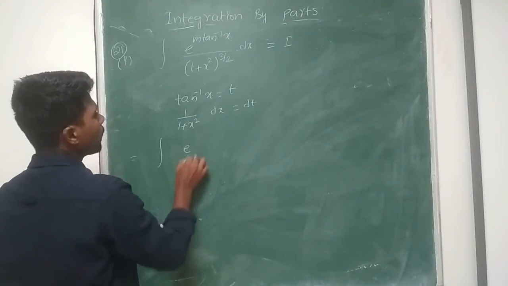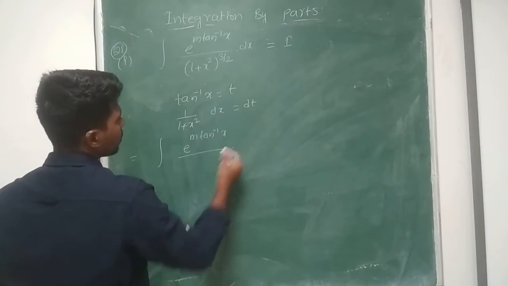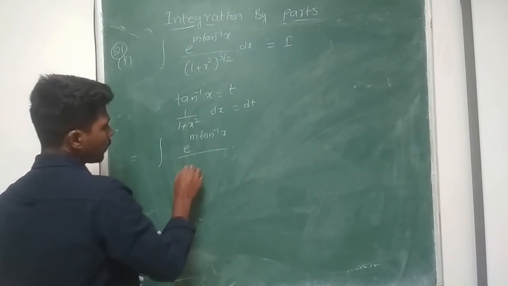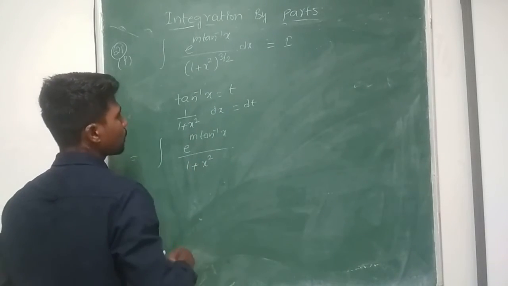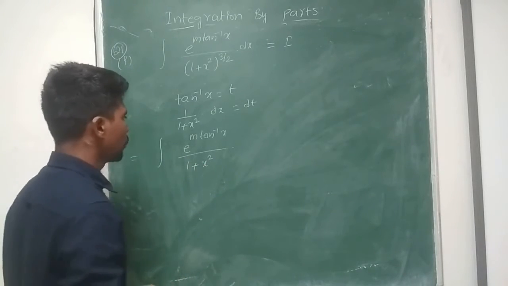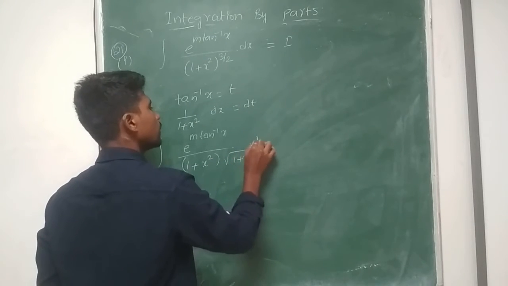integral e power m tan inverse of x by, so this I am splitting like 1 plus x square power 3 by 2. Power 3 by 2 is nothing but power 1 plus 1 by 2. So 1 plus x square into root of 1 plus x square dx.